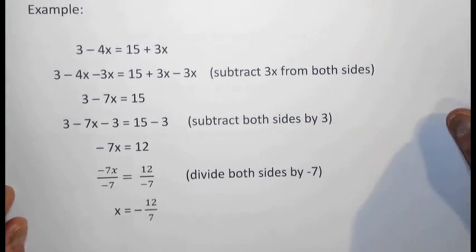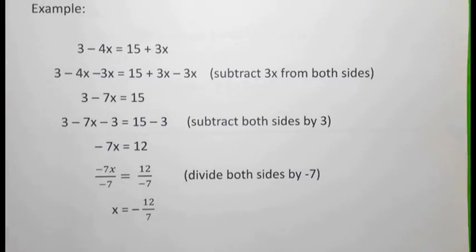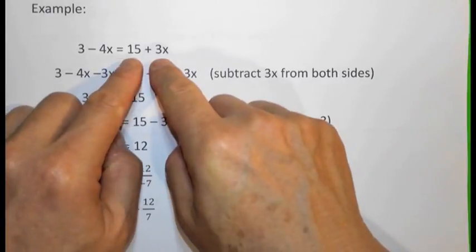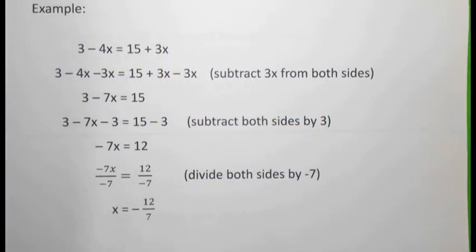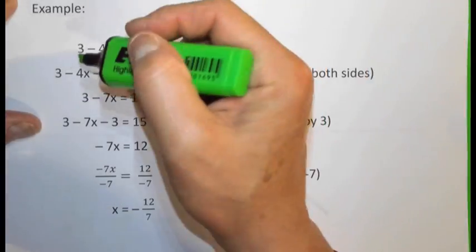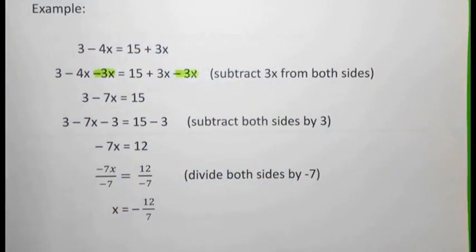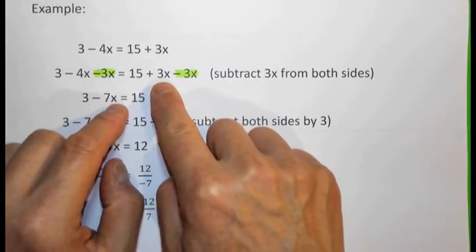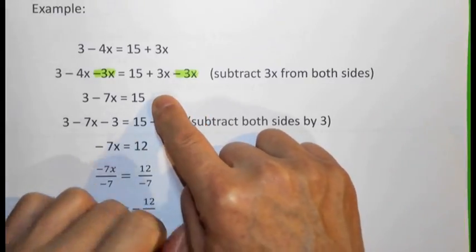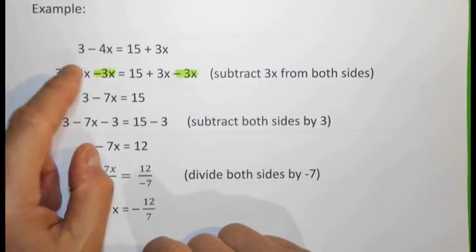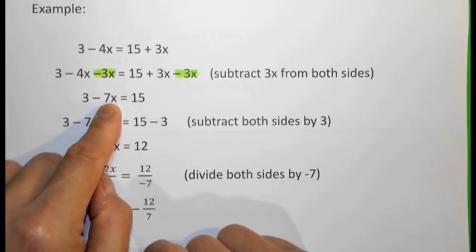Let's look at 3 minus 4x equals 15 plus 3x. In order to find the equivalent equation for this one, first we subtract 3x from both sides. Here, 3x minus 3x is 0, and minus 4x minus 3x is minus 7x.